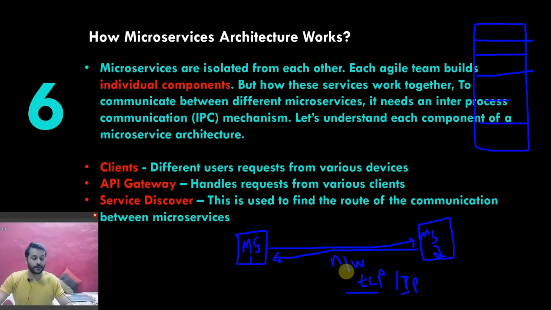This protocol is responsible for taking whatever data you give it to the network and sending that data in packets. The data goes there, and this microservice gets the data. TCP/IP is a network protocol, and HTTP is an application protocol.